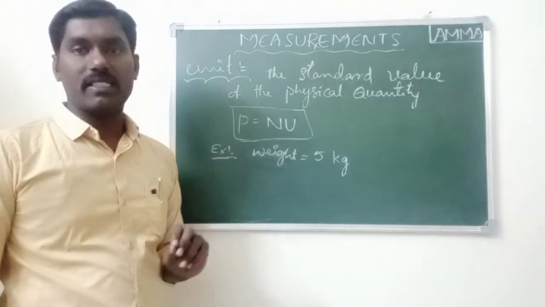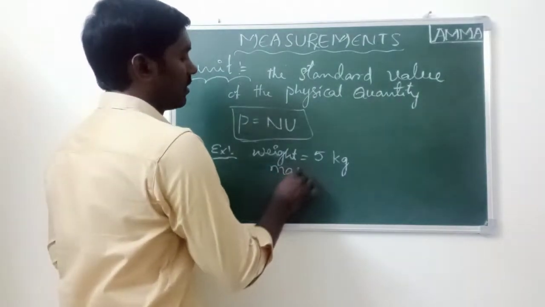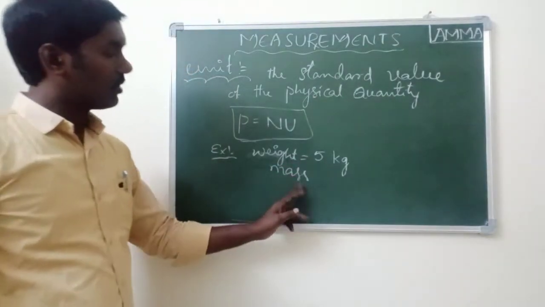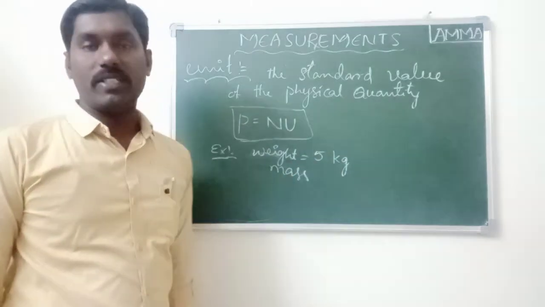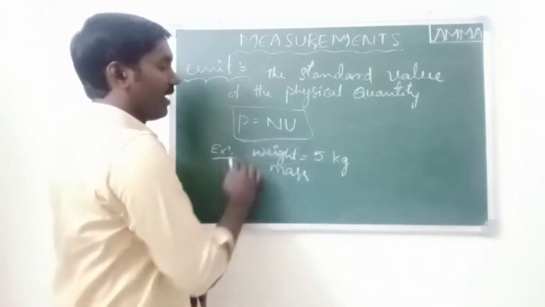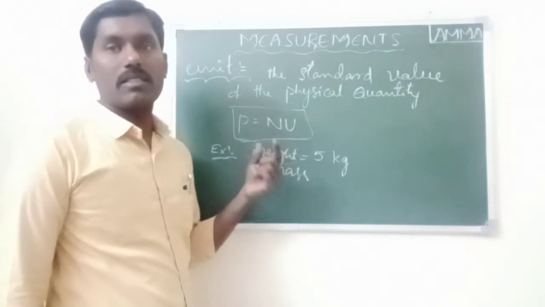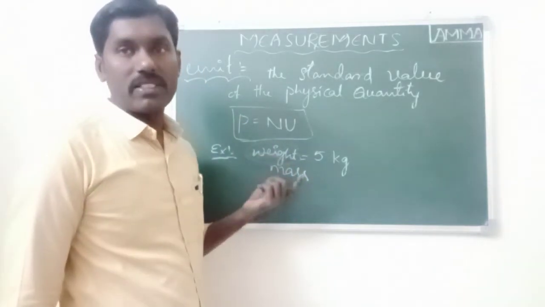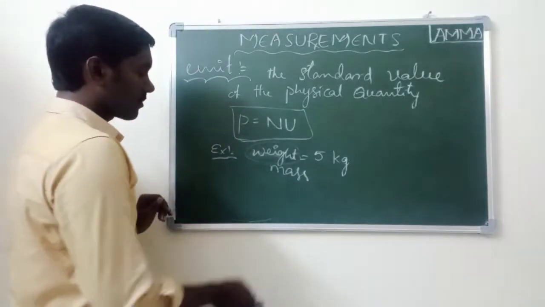Actually kilogram is a unit of mass, so if you consider it as mass, then mass is the physical quantity, 5 is the number, and kilogram is the unit. If you consider it as weight, that includes gravitation. Weight means the force of gravitation which acts on that mass.